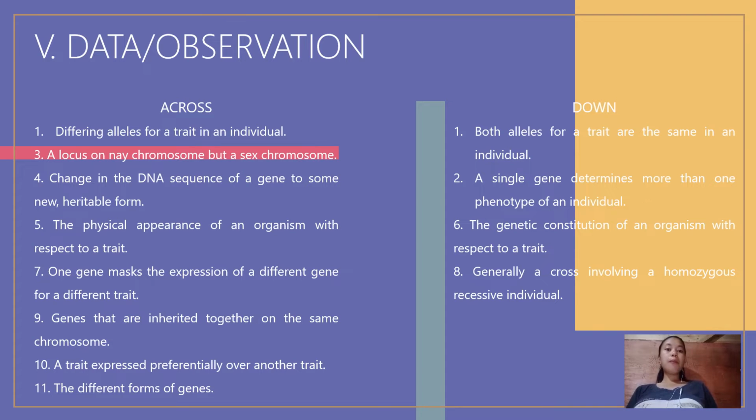It is pleiotropic. Number 6, the genetic constitution of an organism with respect to a trait. It is genotype. And last number, it is generally a cross involving a homozygous recessive individual. It is a test cross.